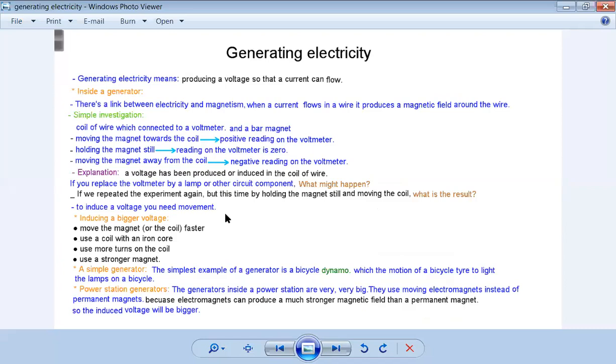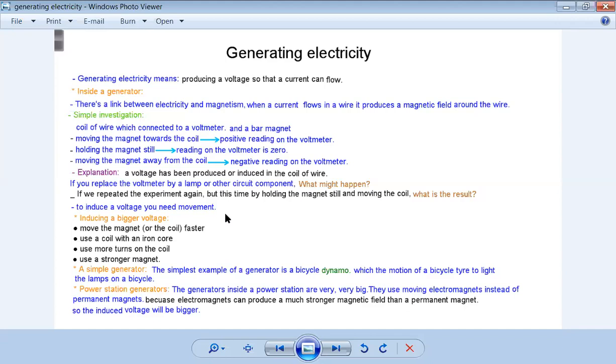This is a simple investigation, a small investigation that shows you how the generator works inside. So now we will start, this is, you can say, preliminary work, okay, to explain more about the generator. So now we are working with low voltage, okay, using a bar magnet and a small wire coil.